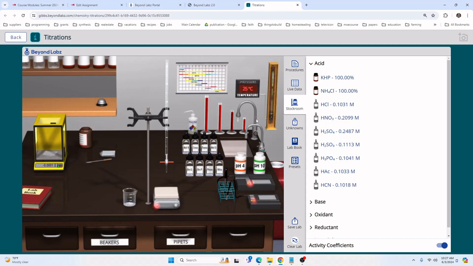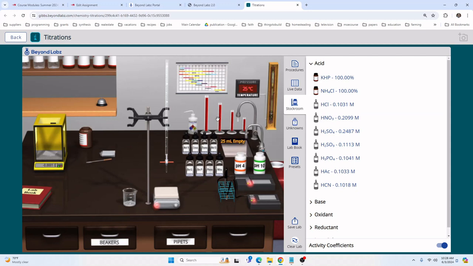And in fact, in our labs at JSU, we have carboys of double deionized water, which is very, very pure, nanopure water. Okay, so we need to add that 10 milliliter graduated cylinder full of water to the beaker. And what we want to do is make a 50 milliliter solution.